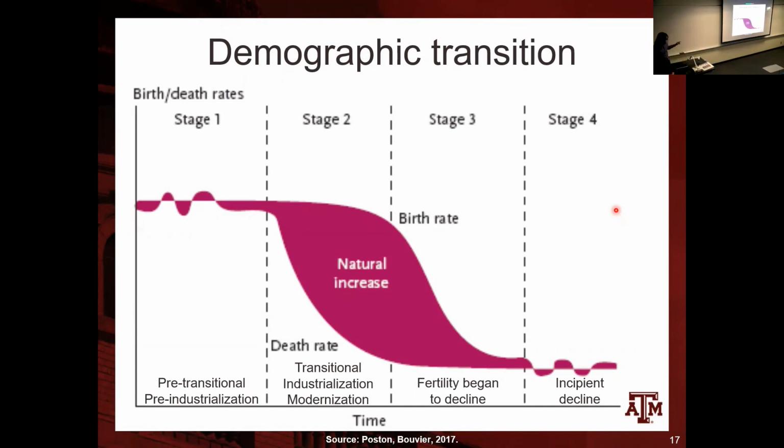So this graph here, I took it from the textbook. And this graph here is showing the demographic transition in 4 stages. All questions that we will have on quizzes and exams about demographic transition and talking about stages, I will use this idea here, stage 1, 2, 3, and 4, and these names here.